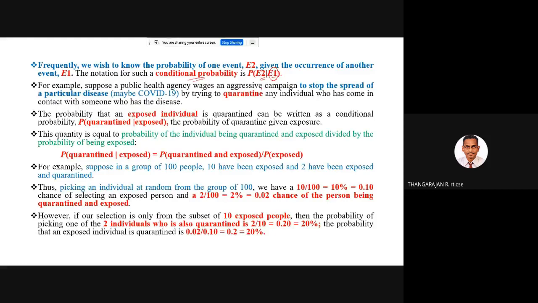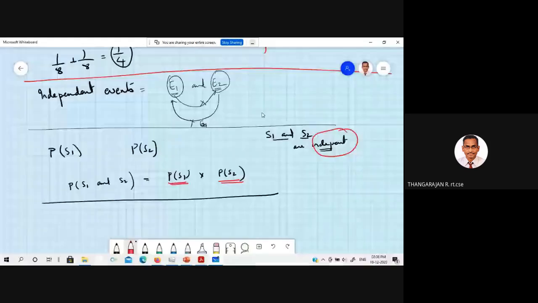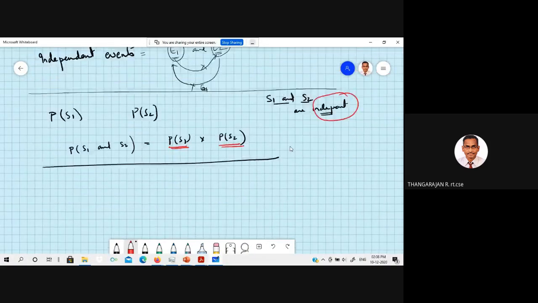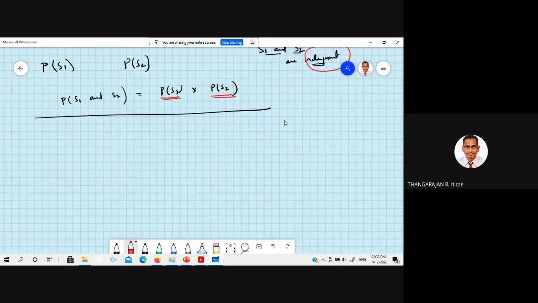The bar symbol indicates the dependence between the two events. Conditional dependence means that an event E1 or E2 depends on E2, sorry, E1.